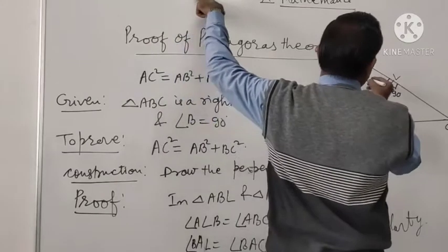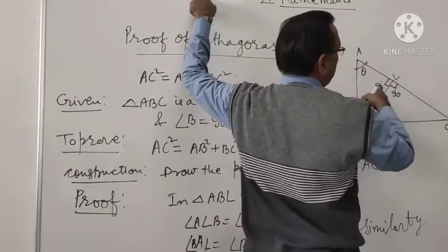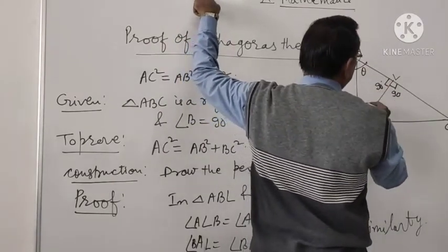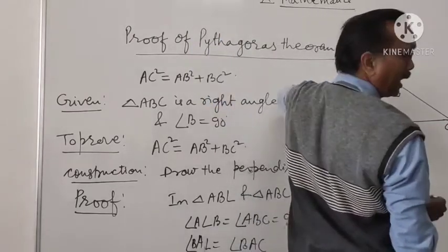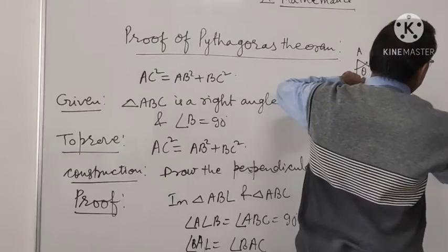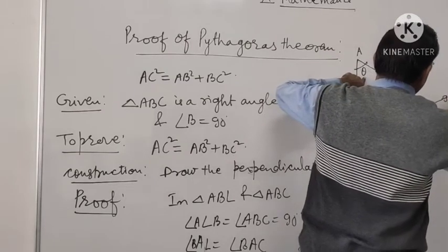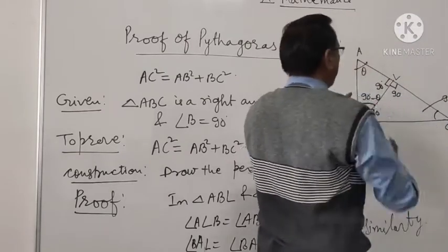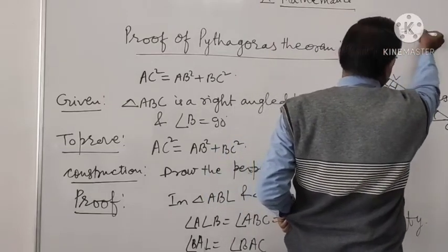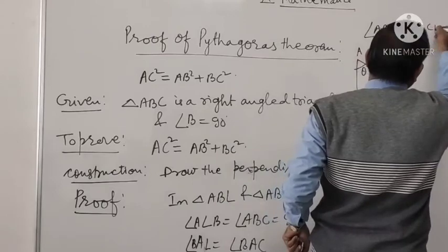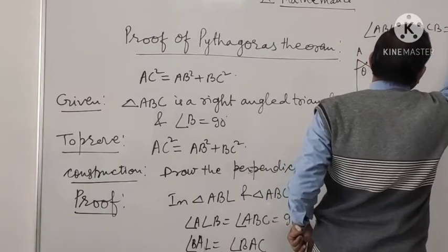Or you can understand it like this: let this angle be theta. Then it is 90, so this angle will be 90 minus theta. If it is theta, whole is 90, so this angle is also 90 minus theta. So angle ABL equals angle ACB, both are 90 minus theta.